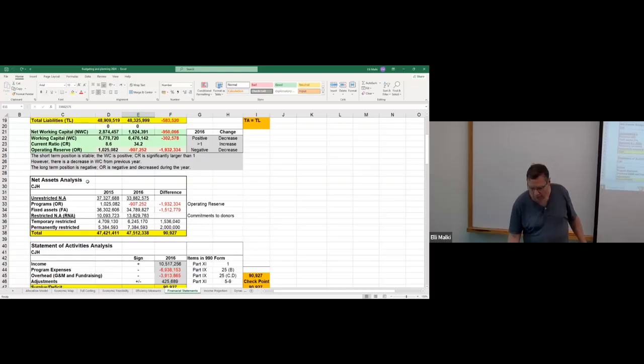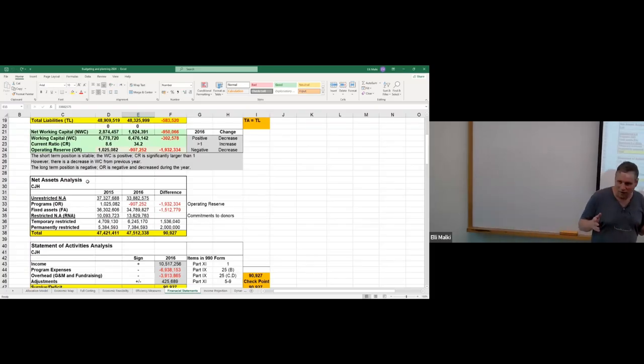Now, from here, there is another data entry for the statement of activities, which we'll go over immediately. But from here, everything which is not gray is calculated. So you don't have to do anything. Just look at the numbers and make sure that you understand. And obviously we will go over that understanding.